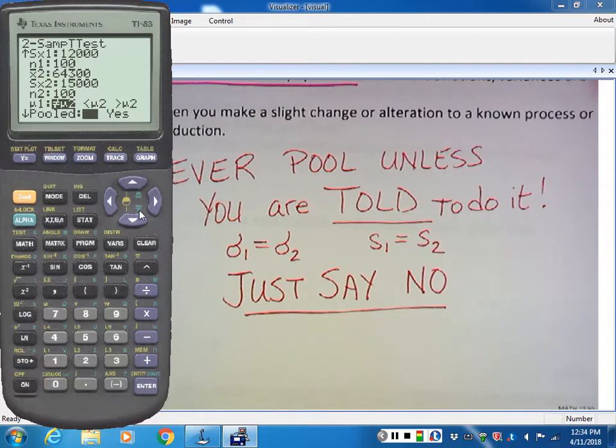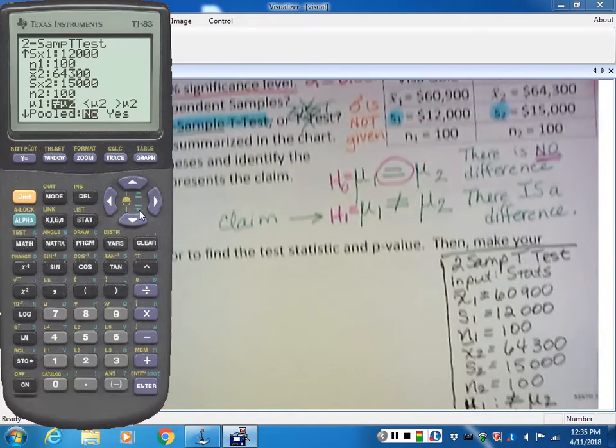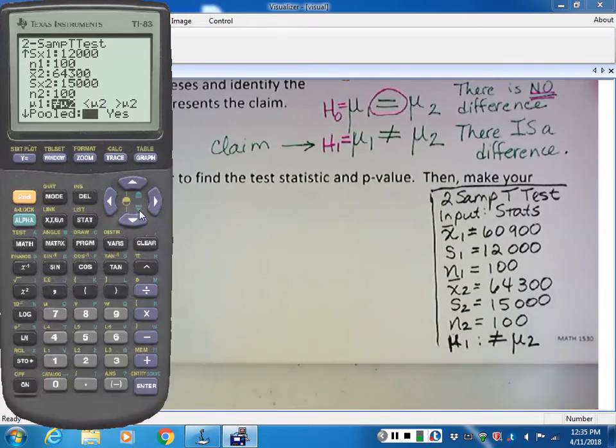And I am never going to change that unless they tell me the standard deviations or the variances are equal. If they tell me that, then I'll say yes. But if they don't tell me that, nope, rather safe than sorry.